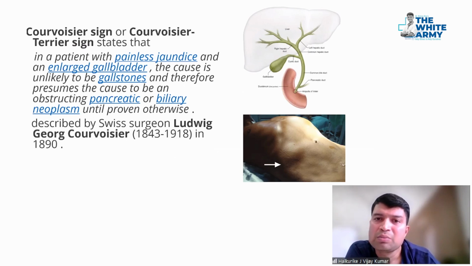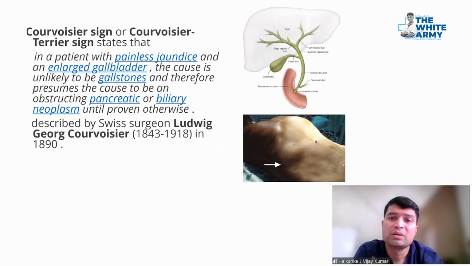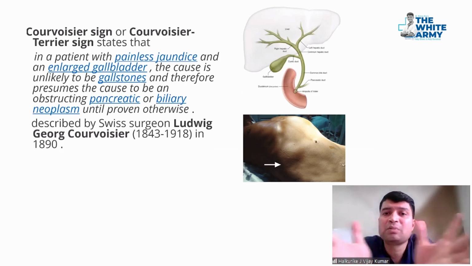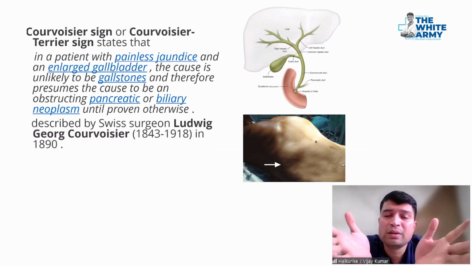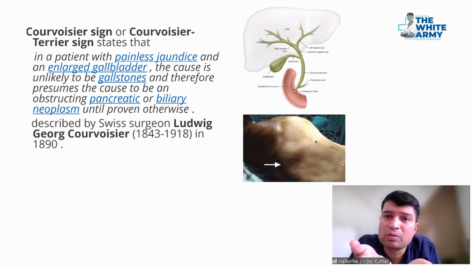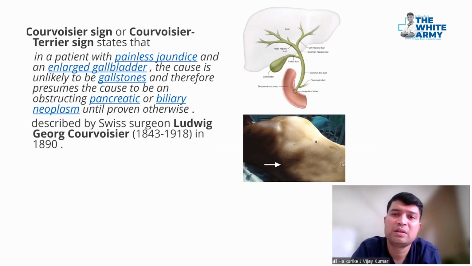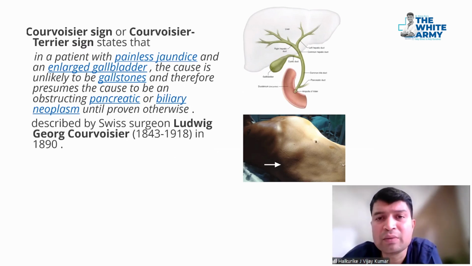Whenever the gallbladder is palpable due to stones, there will be painful jaundice. Another reason a gallbladder doesn't become palpable because of stones is that the expansile capacity of the gallbladder is lost when there is chronic irritation of the gallbladder wall by stones. So these are different theories. There are a few exceptions you should know, probably double duct obstruction and gallbladder neck stone.